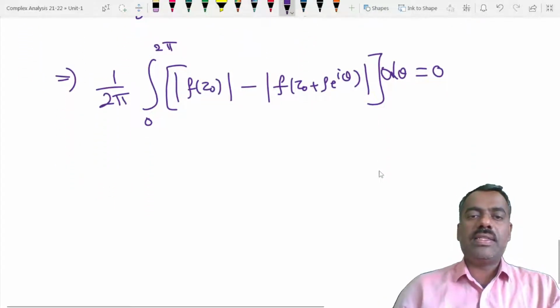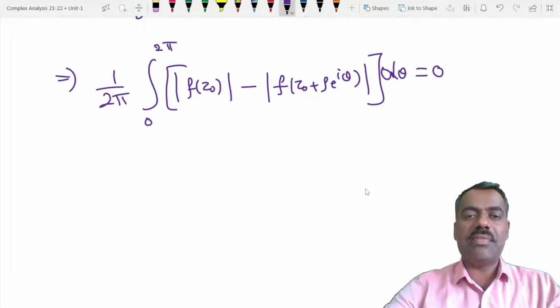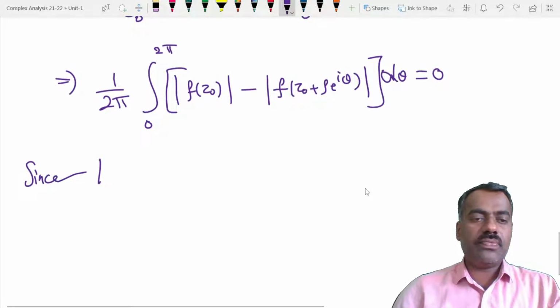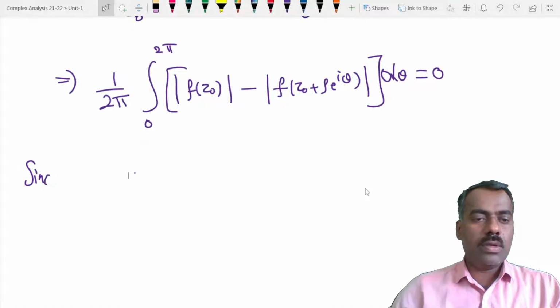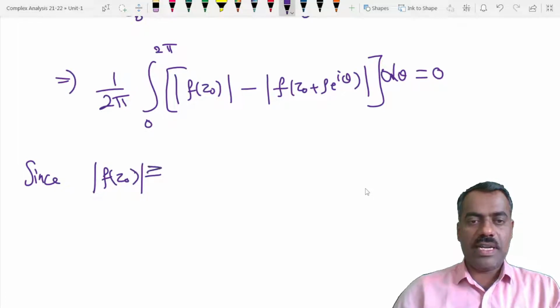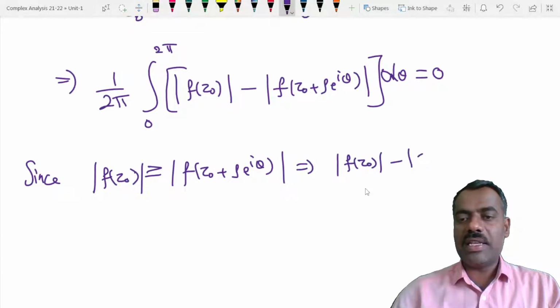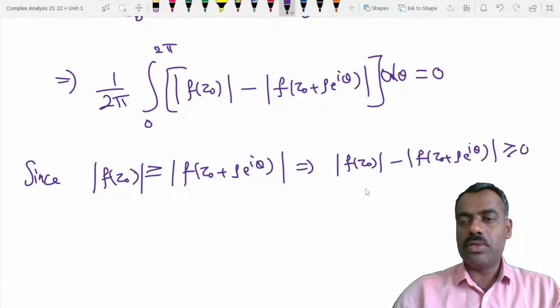Now remember, this whatever you are having here, mod f of z naught, that is the maximum value, right? So since modulus of f of z naught is greater than or equal to modulus of f of z naught plus rho into e power I theta, this implies mod f of z naught minus f of z naught plus rho into e power I theta is greater than or equal to 0, right?